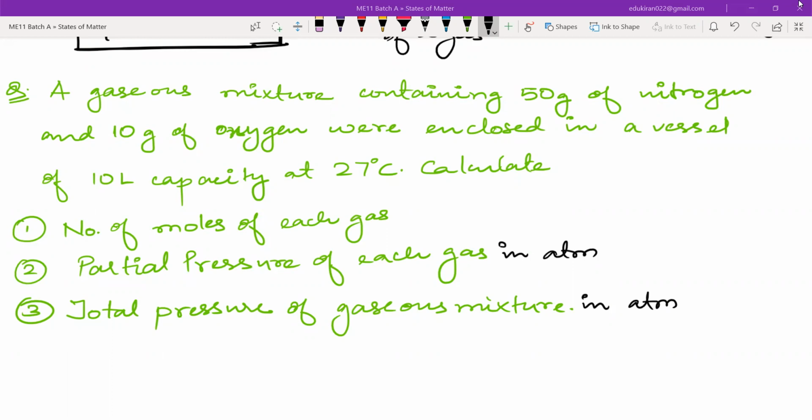The volume is in liters, right, Shravya? Yes, sir, liter and ATM. So look, where are liter and ATM in the units?